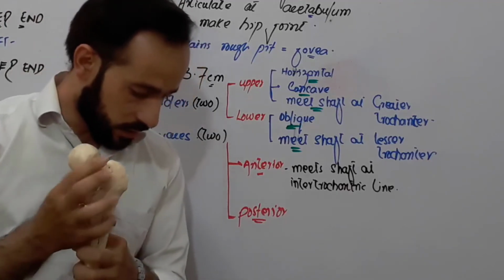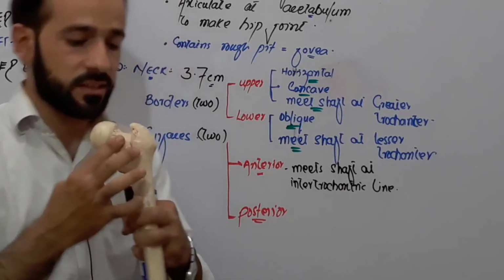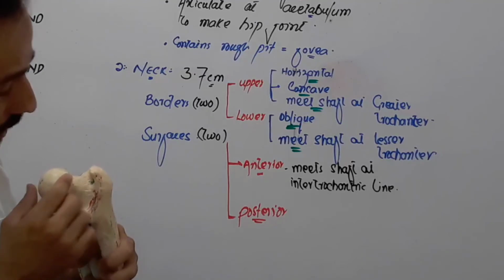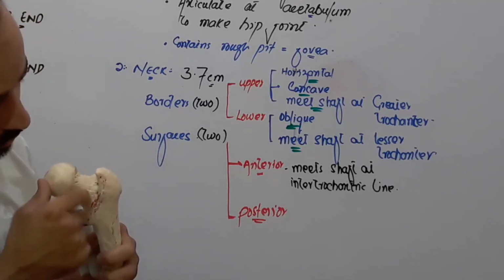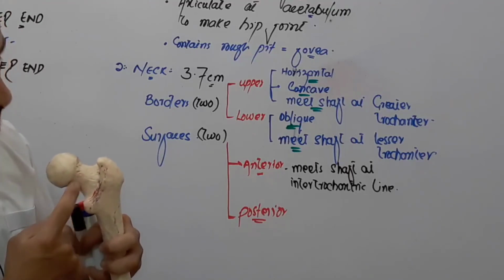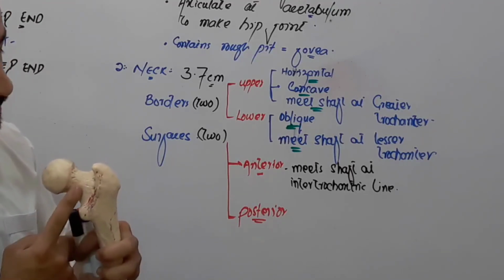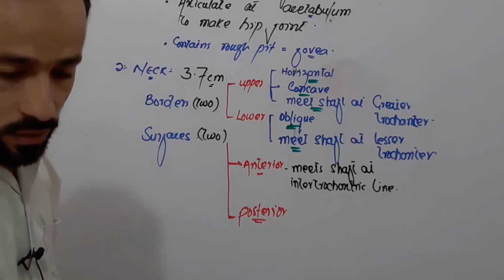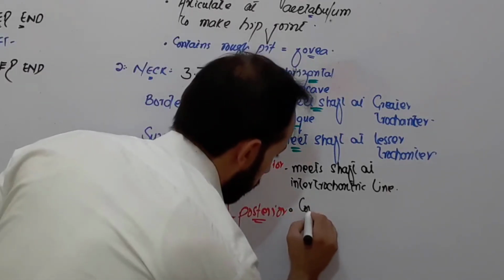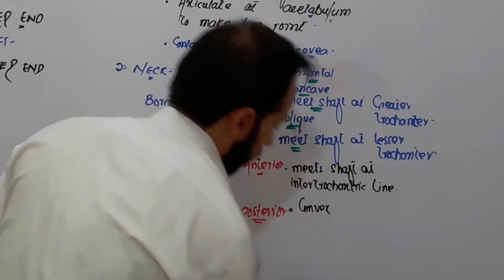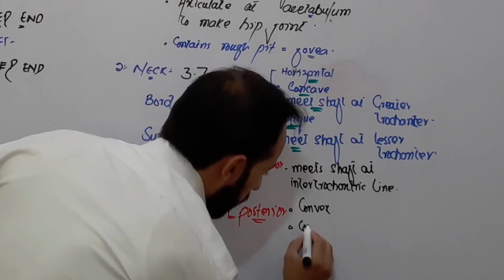Right. And about the posterior surface, we say that the posterior surface is a little bit convex in nature, right? And the convexity is from upper part to the lower part, it is convex, but from side to side it is concave in nature, right? I will show you in the video about the posterior surface. So we say it is convex and it is also concave.